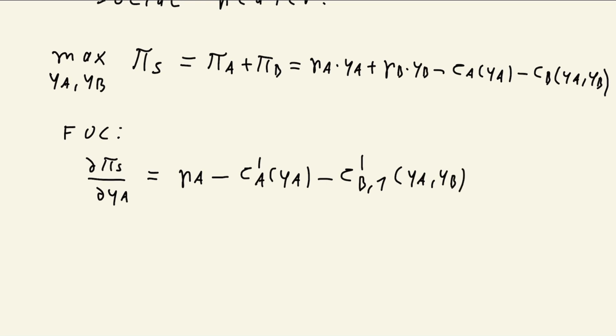And again, for notation, since we are taking the derivative of the cost function of firm B with respect to the first argument, which is YA here, I wrote a 1 here to denote this case. And this should be equal to 0.